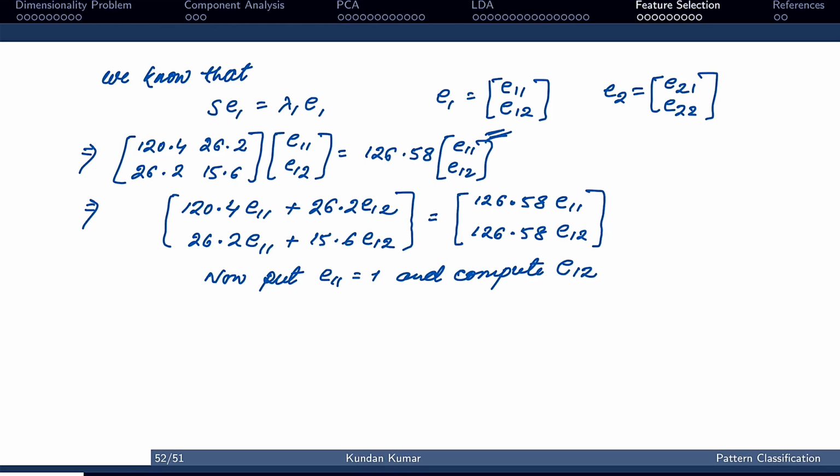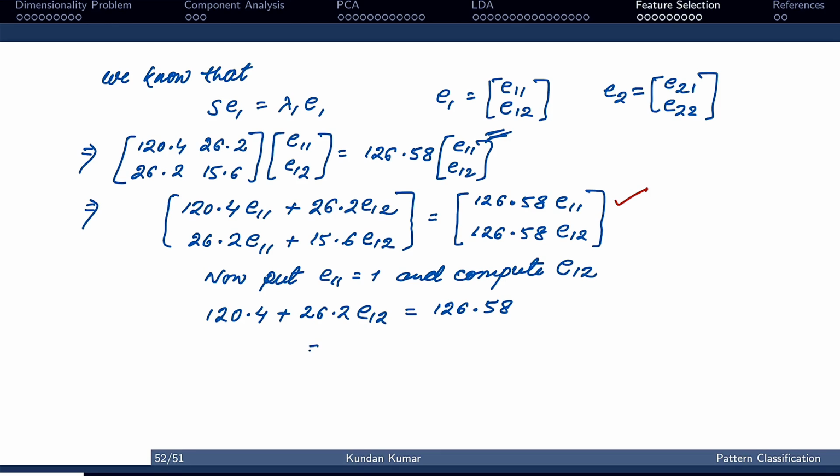Considering the first row, 120.4 plus 26.2 E12 equal to 126.58.